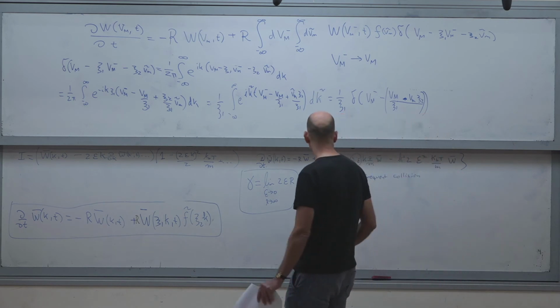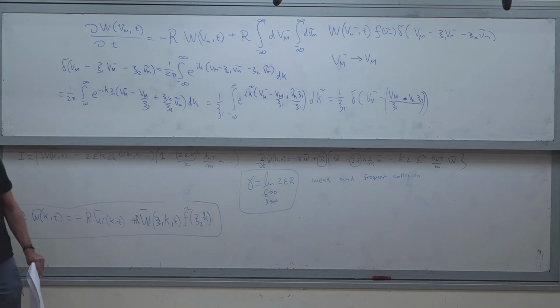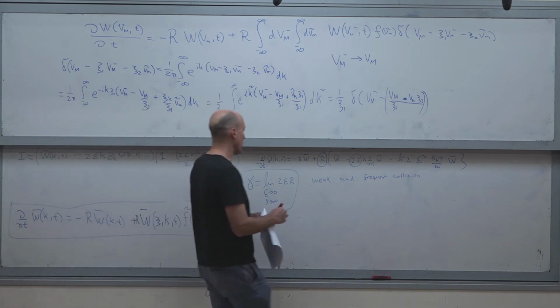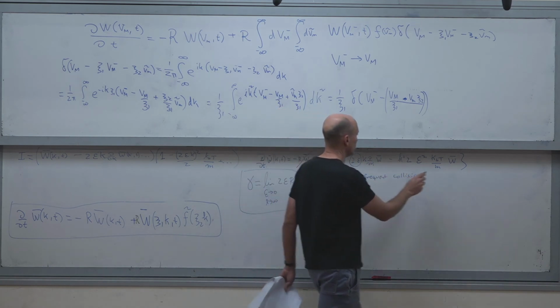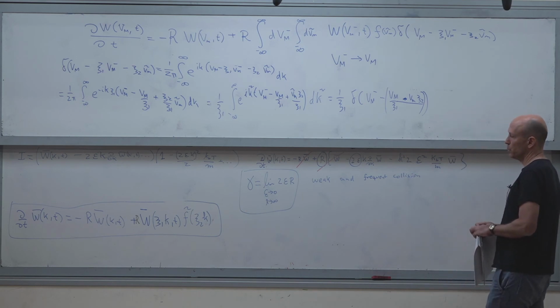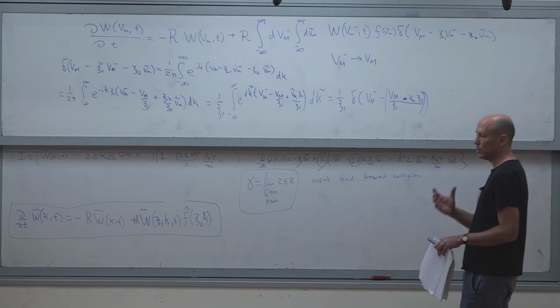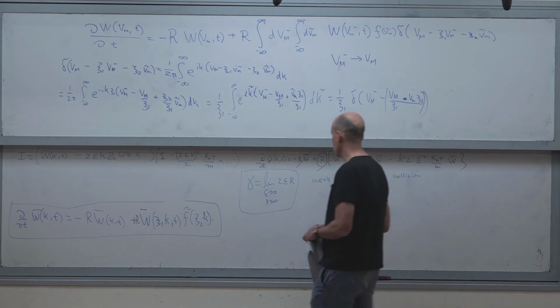And then what you see here is, first of all, there is a cancellation: this term and this term cancel. This and this term cancel. And you have only 2 terms, this term and this term. We know that there are 2 terms because we know that in the Fokker-Planck equation there are 2 terms, one describing relaxation and the other one describing diffusion.